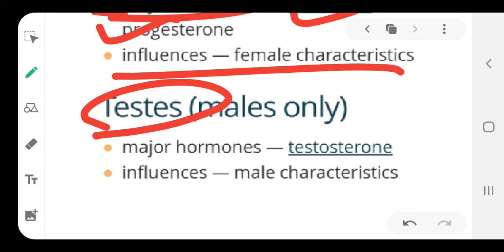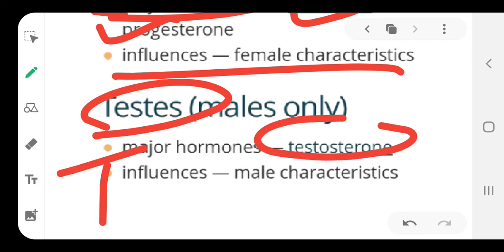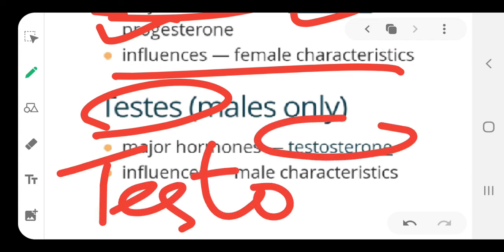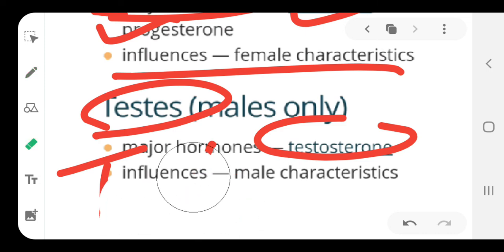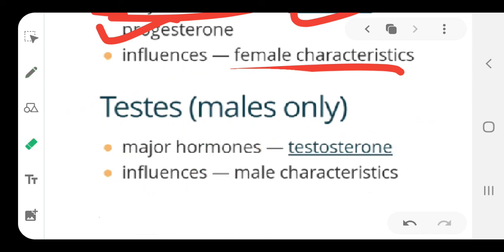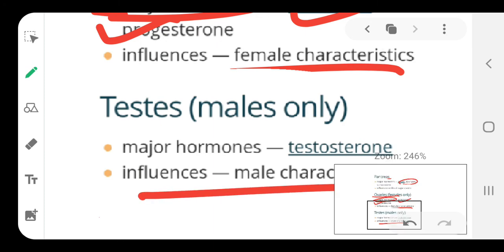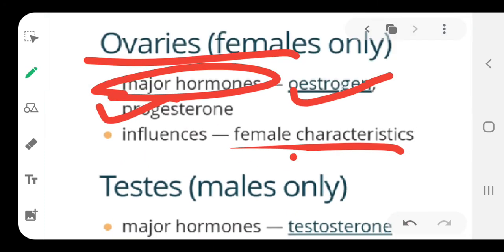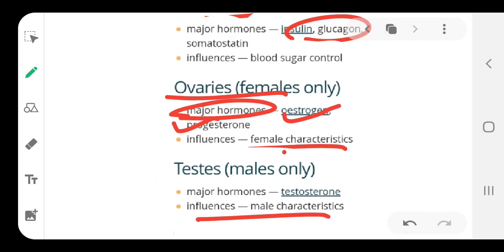This name, write it down again, testosterone. Okay, we have already told you about this stuff in this particular video, and it helps in managing the features of masculine characteristics.